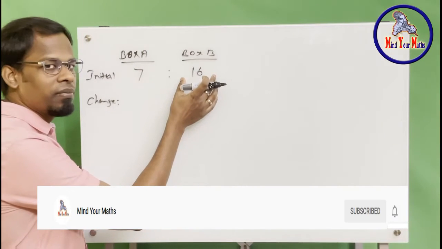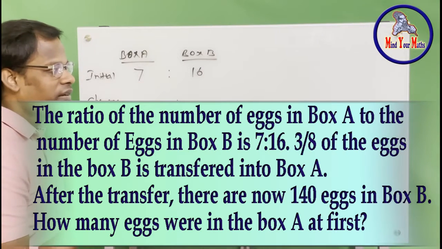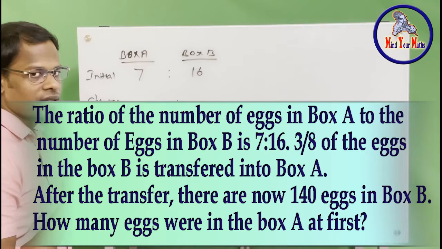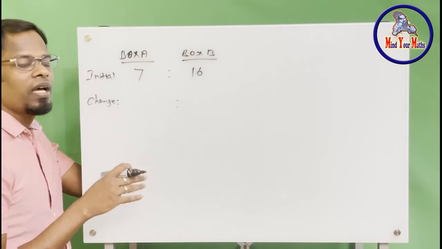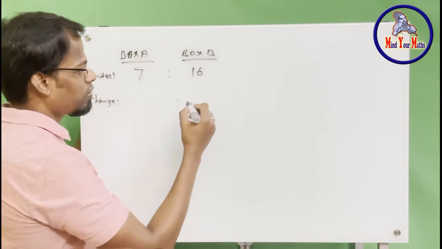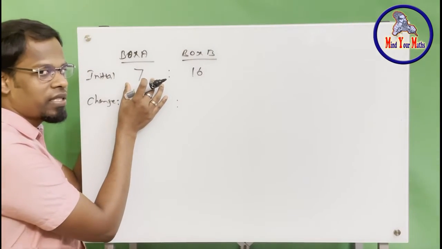Some eggs from box B were transferred to box A. That is given as 3/8. It is again not a number, it's just a fraction.